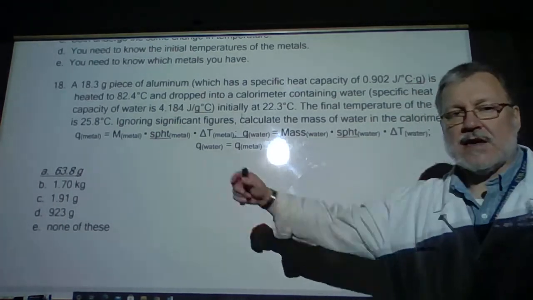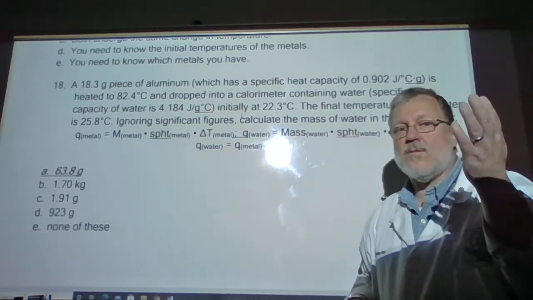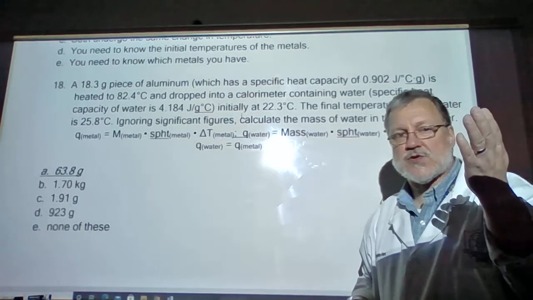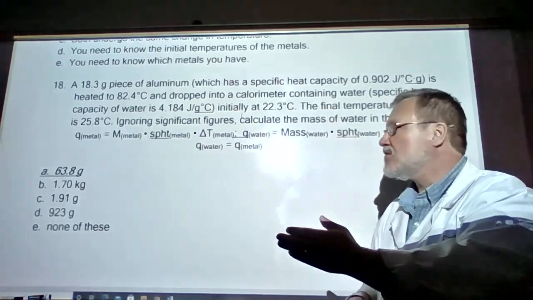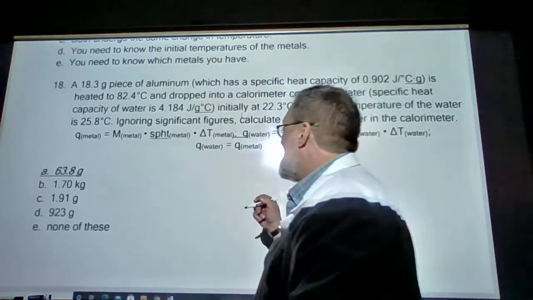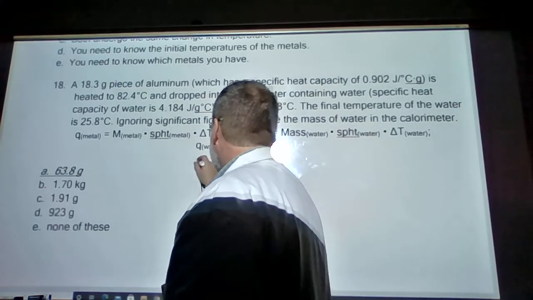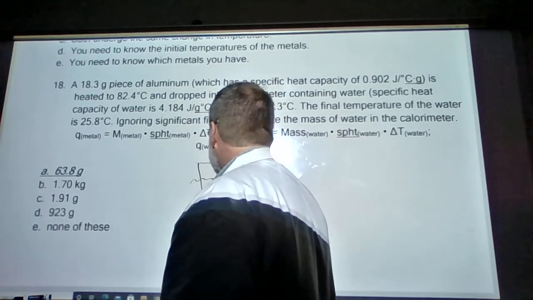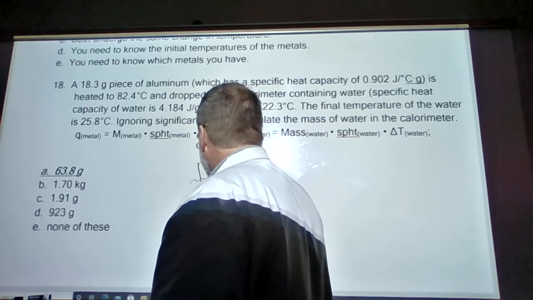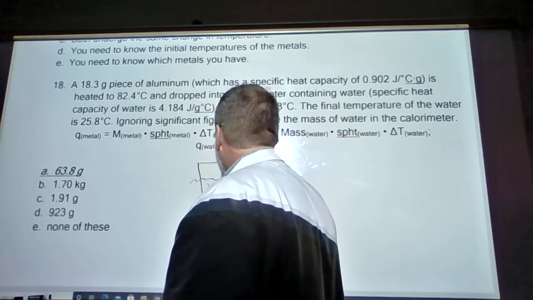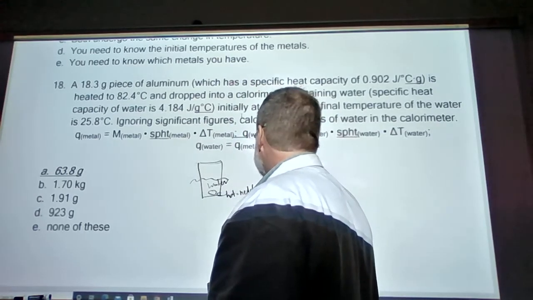For problem 18, you have a piece of hot metal that is at a higher temperature than the water it's going to be introduced into. So here we have our cup, here we have our water, and down at the bottom we have our hot metal, aluminum.